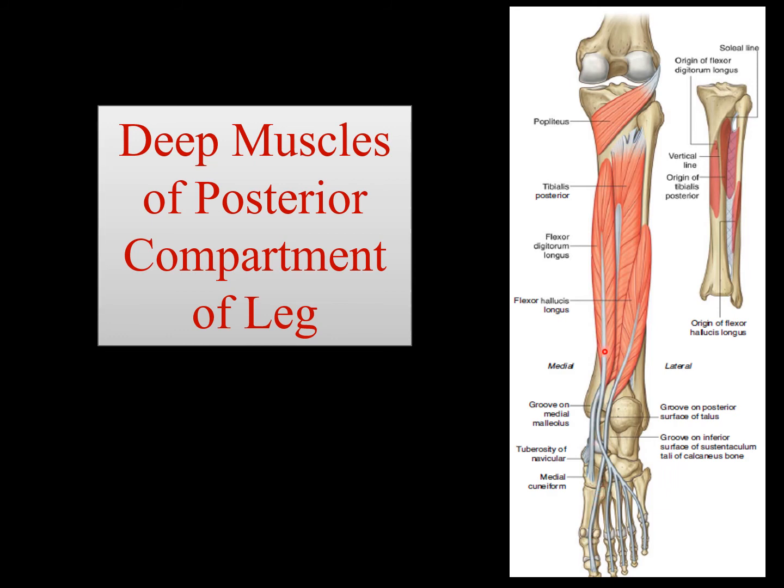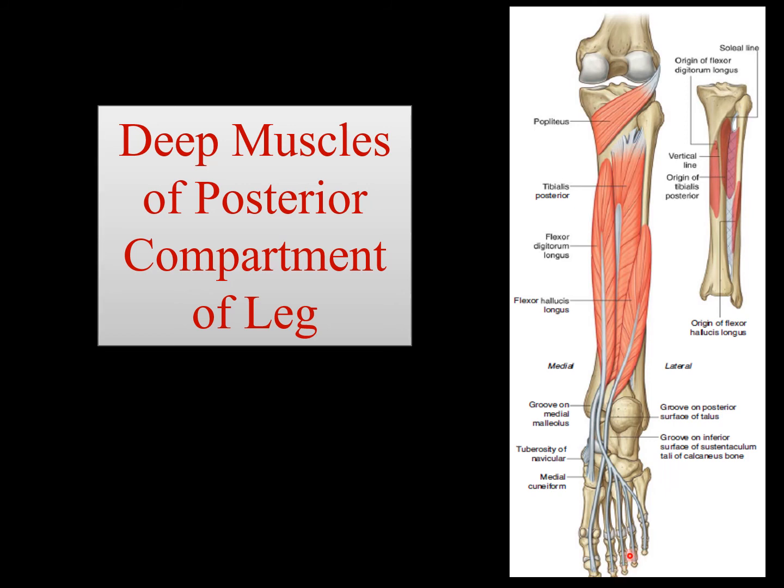The flexor digitorum longus, arising from the medial side, passes under the flexor retinaculum over here, and then splits into four tendons for the lateral four digits. As it splits, it again crosses the flexor hallucis longus tendon. These two tendons cross together at the sole and attach to our lateral four digits, on the distal phalanges.